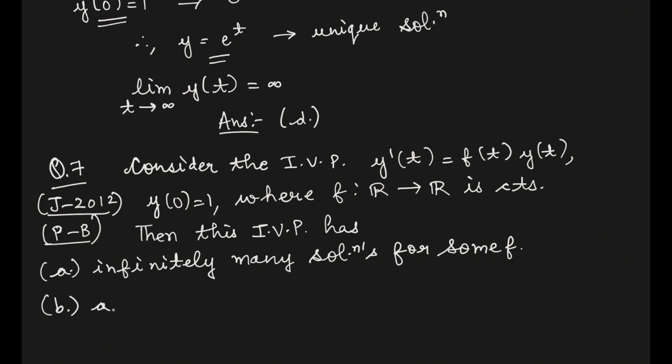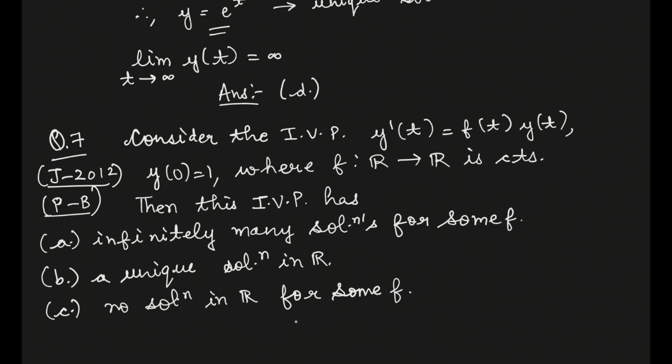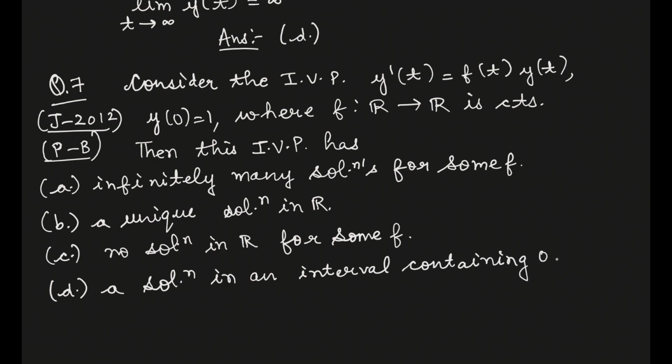Option B, a unique solution in R. Option C, no solution in R for some f. Option D, a solution in an interval containing 0 but not on R for some f.